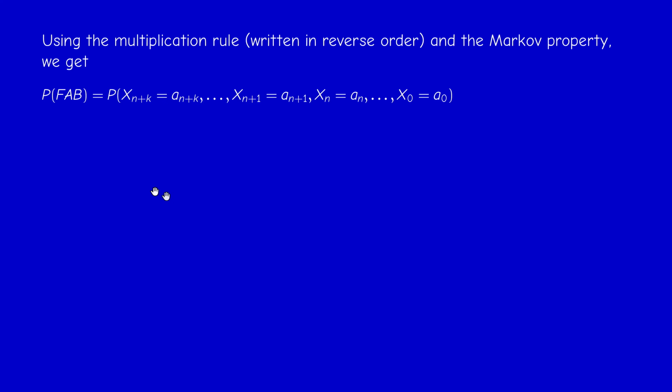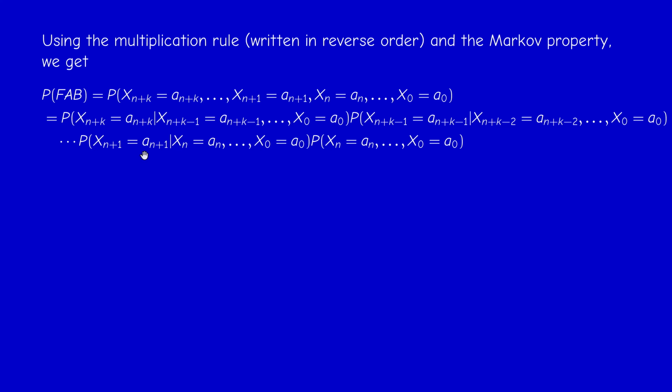Now this is the probability of an intersection of events. So if we write the multiplication rule in reverse order, we start with the last event given the previous, and the probability of this could be en minus 1 actually given the previous, and so on. But we start at the probability of this is E0 actually, right?